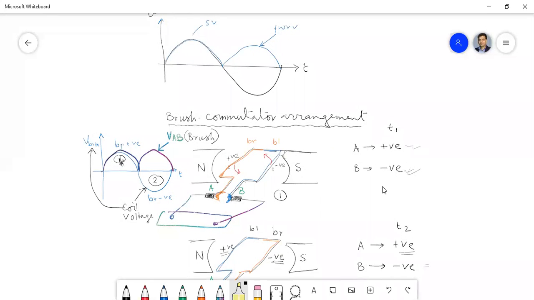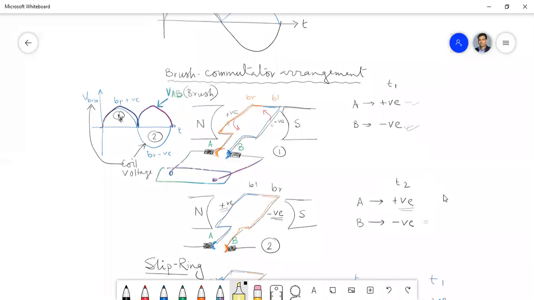Now we discussed how the induced EMF, which is alternating in nature, is converted to a full wave rectified one by the use of brush commutator arrangement. We discussed in detail how we get a unidirectional voltage out of this bidirectional voltage.